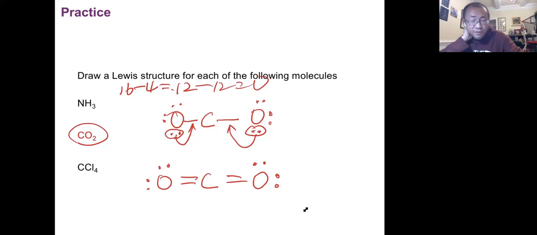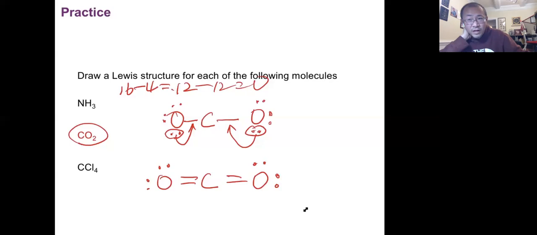Not only will you see millions of questions in your testing quizzes for Lewis structure, but you will use this for the rest of the whole chapter. The first job is to provide a correct structure before you can answer any other questions based on the molecule. So please understand the steps of drawing Lewis structures.